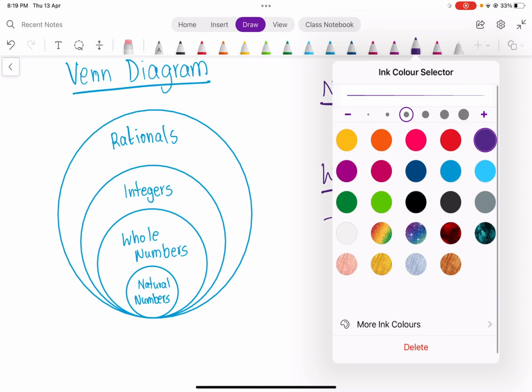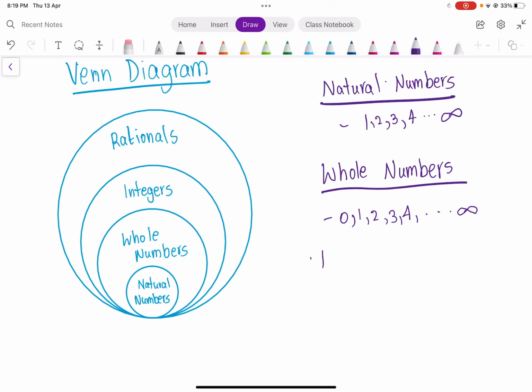Then we have our integers, which are negative numbers and all of our whole numbers. So that is a lot of numbers.